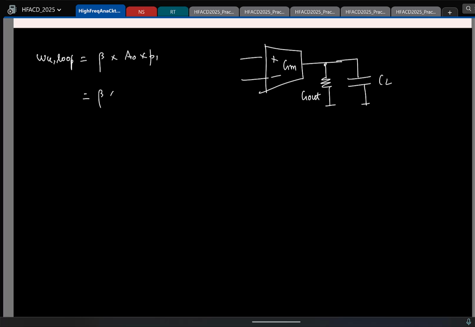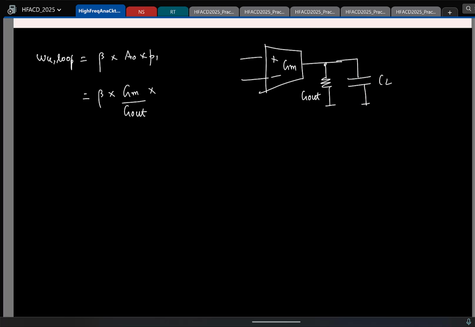So here, what is the DC gain A naught for the single stage OTA? What is the DC gain? GM by G out. I mean, DC gain, capacitor is open. I am looking at the gain from the input to the output. So this is GM by G out.